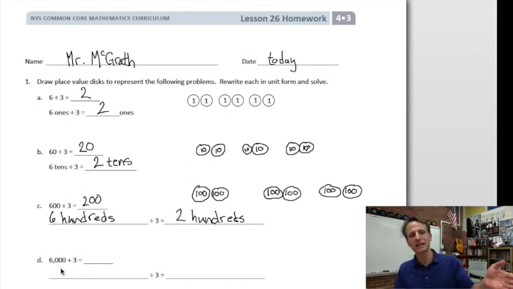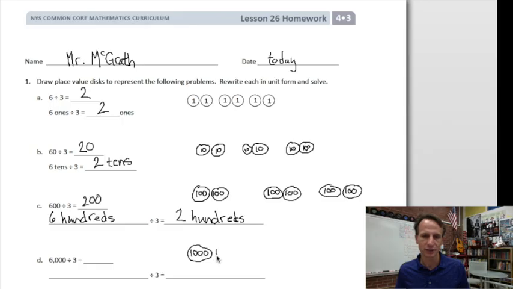And believe it or not, 6,000 divided by 3, and this is the big connection you're going to make, is that it's the same idea. I have 1,000, and forgive me, I'm going to omit the comma because I have to write these so small. So I have 1,000. I already know, I'm not going to pretend I don't this time, that there will be 2 in each group, right? 1,000, 1,000.